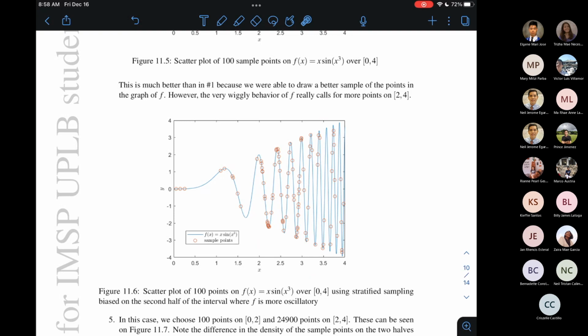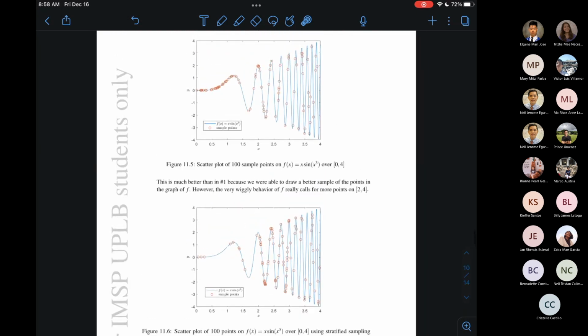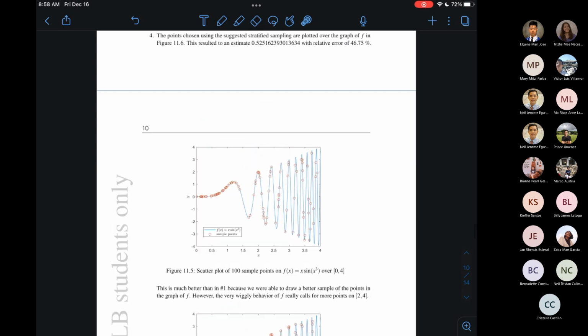And hence we get a better sampling of the oscillatory behavior of the function little f. Compare niyo yan dun sa figure 11.5 na kakaunti lamang yung points na nandun sa parte kung saan mas magulo yung behavior ng function. Alright? Okay, so that's one way to do it.